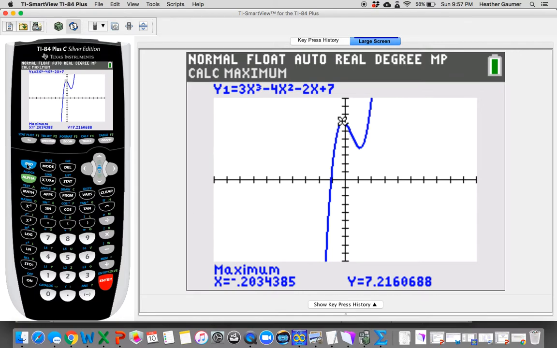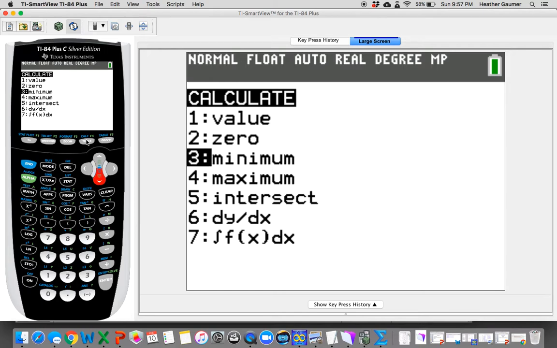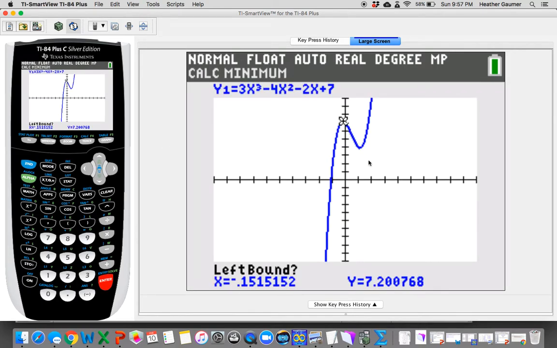In following the same steps, second trace, we can go in and calculate the minimum point. So notice my minimum is located down here at the bottom in the valley. I'm going to move my cursor over to the left of the valley, hit enter. Then I'm going to move to the right to find the right bound, or point to the right of the valley.